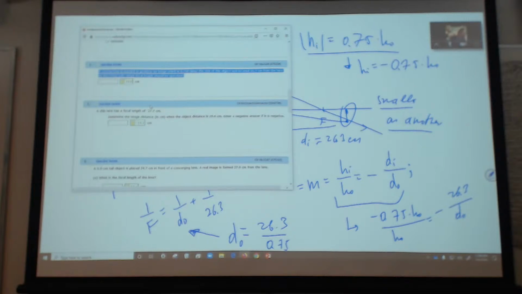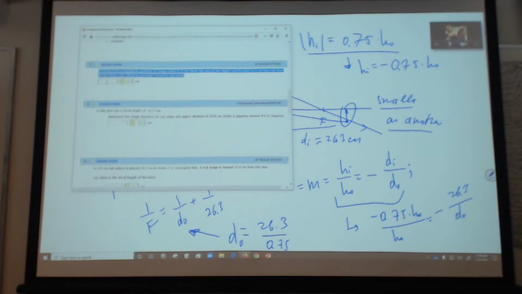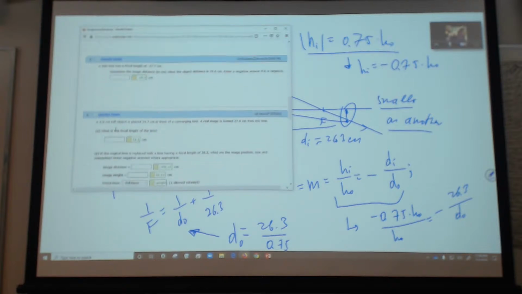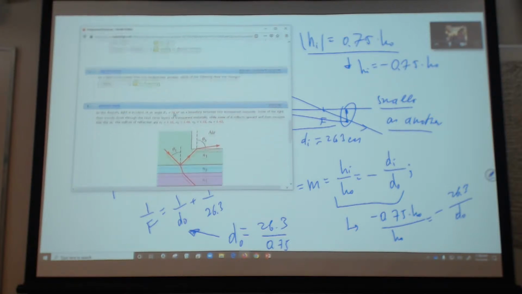You see, we need to read carefully. All information is important. For example, focal length is negative, so it's diverging, and well, converging.